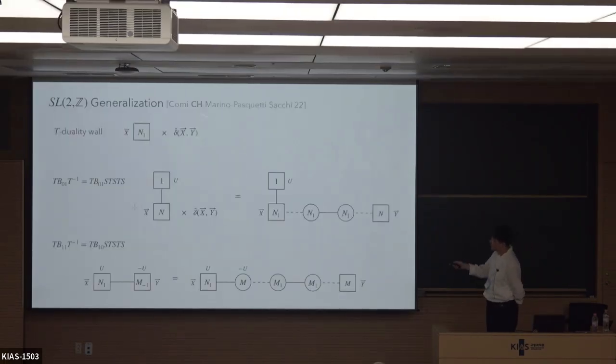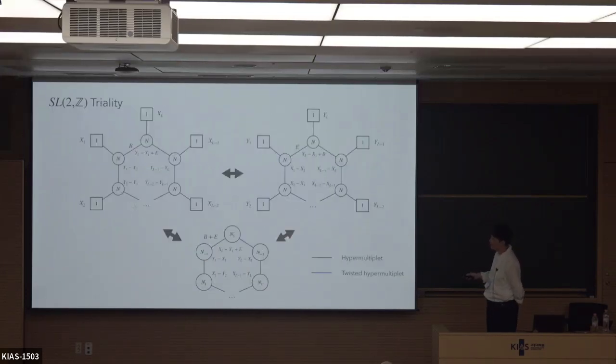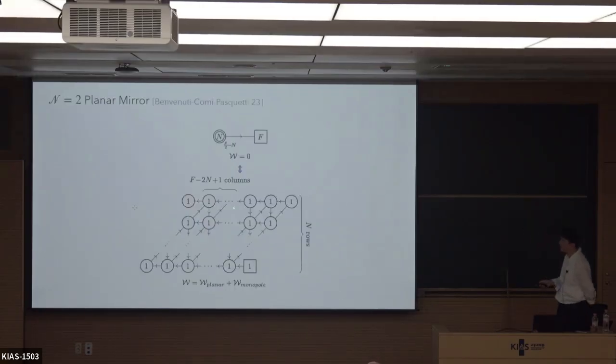For example, you can find the same type of building blocks for SL(2,Z). The example I showed you, the self-mirror M2 brane example, can be extended to the SL(2,Z) triality. This is just a generalization of ABJM. And there's also an N=2 version of this.